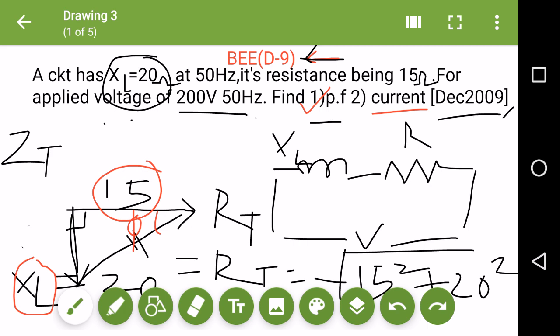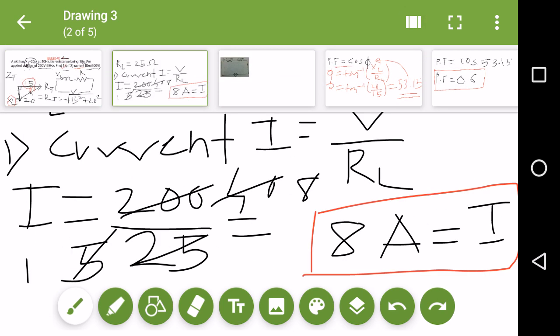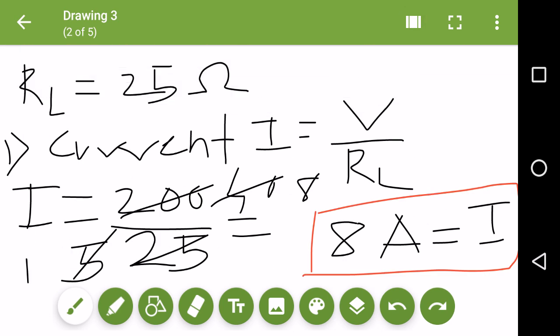Then I found that the total impedance is 25. Now it is easy to find the current as I have the value of total impedance. By substituting the values of V and Z, I find the current.